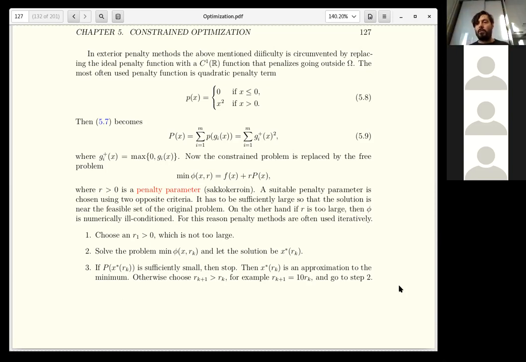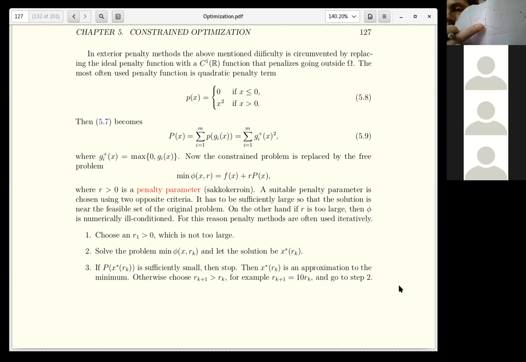The problem, of course, with this approach is that if we run a free problem algorithm, we may end up optimizing to a point which is outside the feasible region just a little bit. Let's say that the actual optimum is on the edge here. Let me just draw the picture.